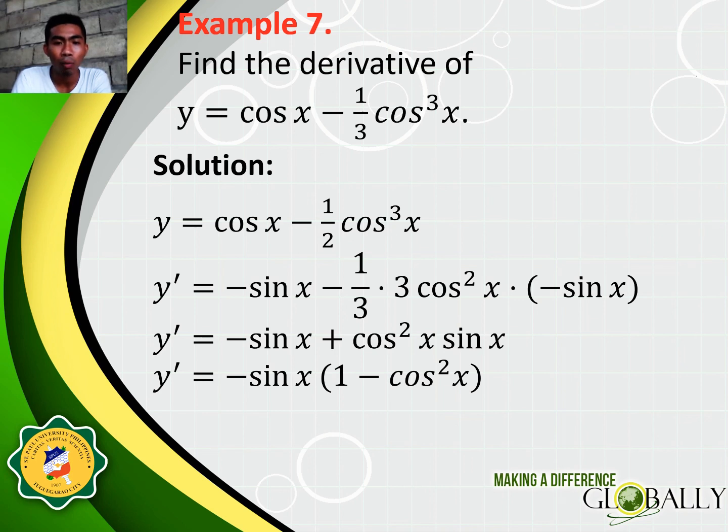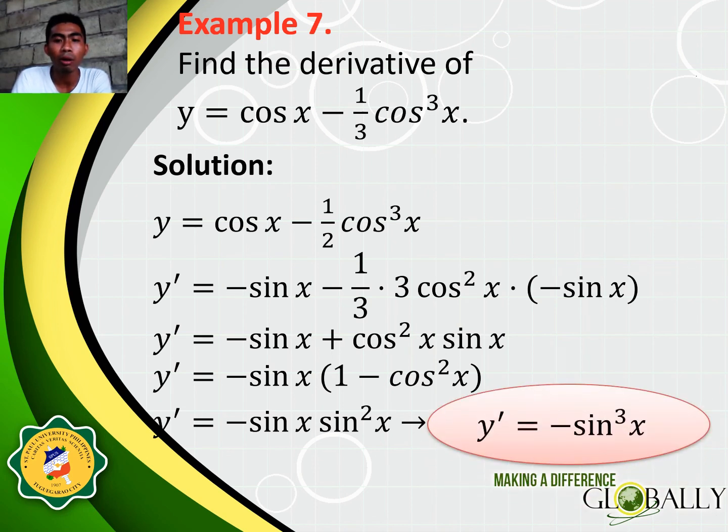So 1 minus cosine square x is equal to sine square x. So y prime equals negative sine x times sine square x. Therefore, the derivative of y equals cosine x minus 1 over 3 cosine cube x is negative sine cube x.